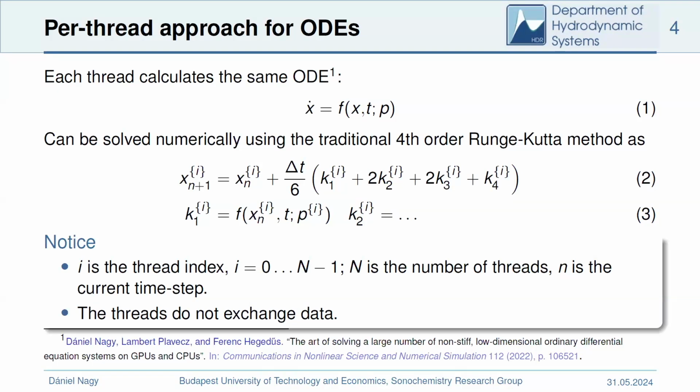We use the GPU threads, and each GPU thread solves the same equation, but for a different parameter p. In this approach, the threads do not cooperate, they do not exchange data, they just do the same thing for different parameters.